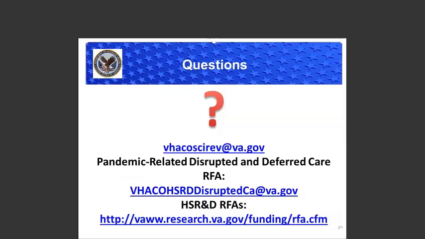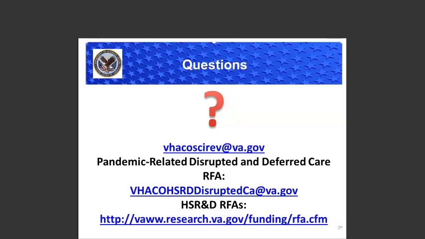Next slide. Okay, so now we're down to questions. If you have questions that are not answered during this session or one that you think of later, please send it to our Cyber Review mailbox, which is the first email address listed on this slide. If you have questions related to the pandemic-related disrupted and deferred care RFA, we have a special mailbox for that, which is listed here.